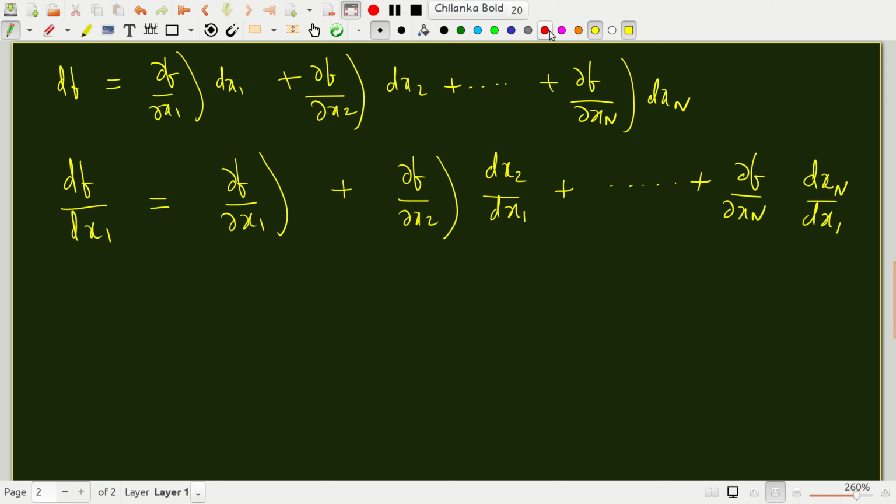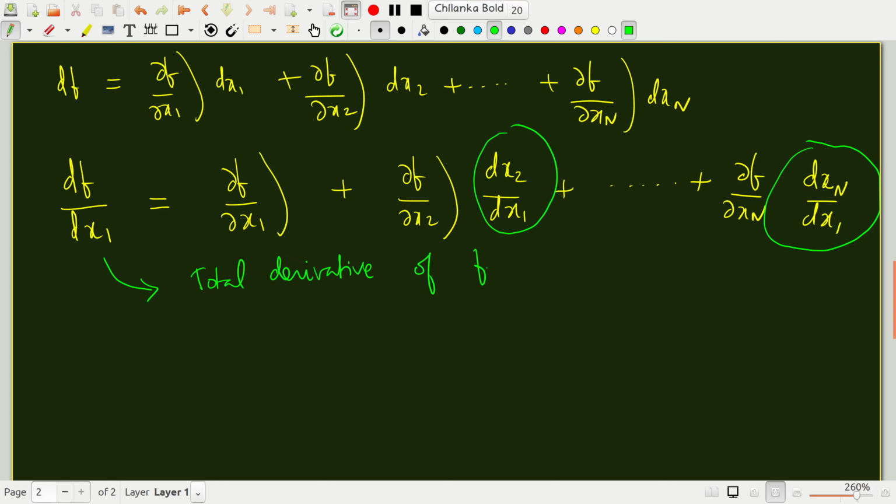Because all these other variables x2, x3, and so on up to xn are related to x1, we can find their changes with respect to x1. So this is called the total derivative of f with respect to x1, whereas the first object that I have drawn here is a partial derivative.